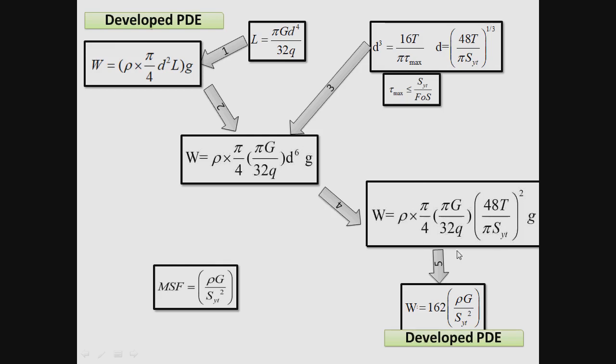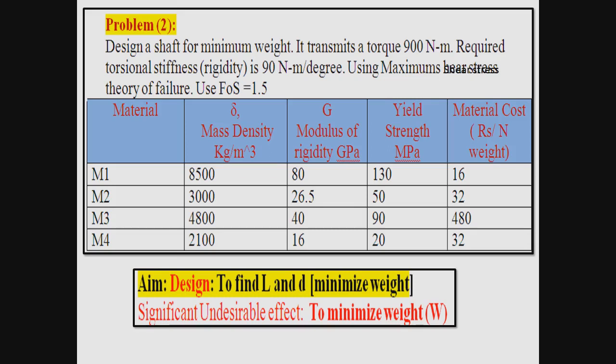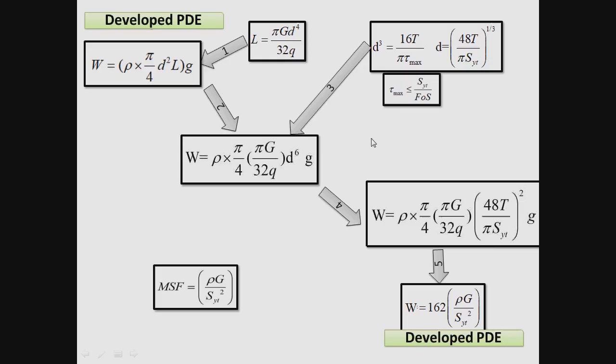Afterwards, substitute the values except material values. These are constants, pi by 4, and substitute the value of Q, whatever is given in the problem. The value of Q given in the problem is 90 Newton meter per degree.